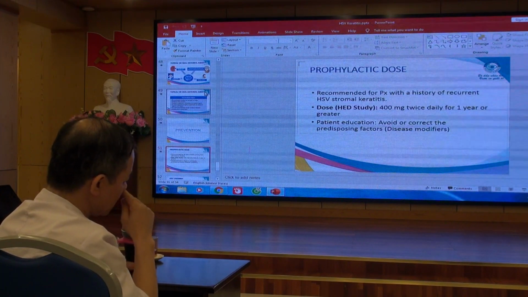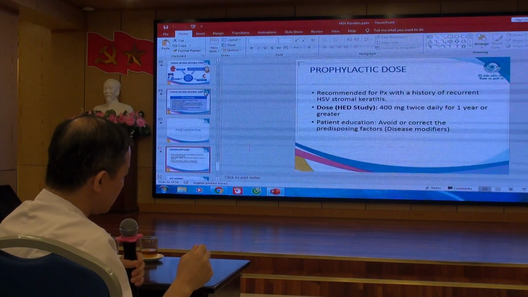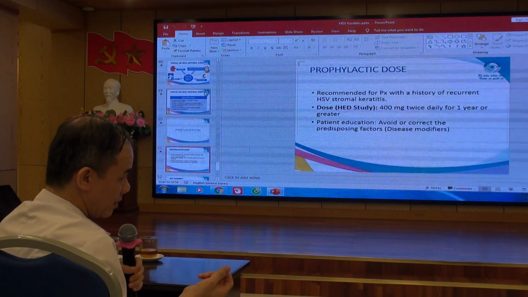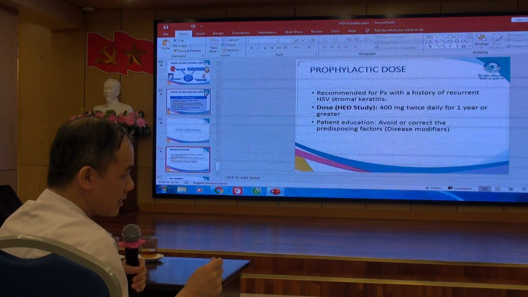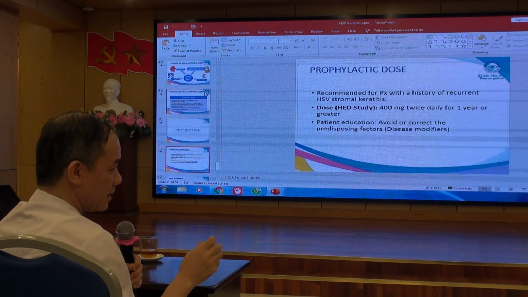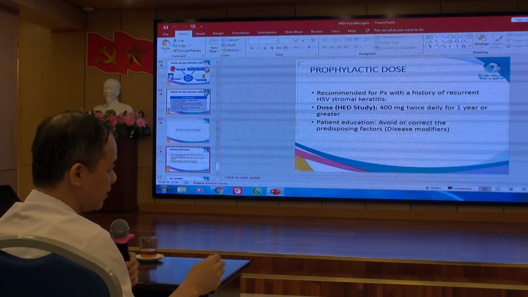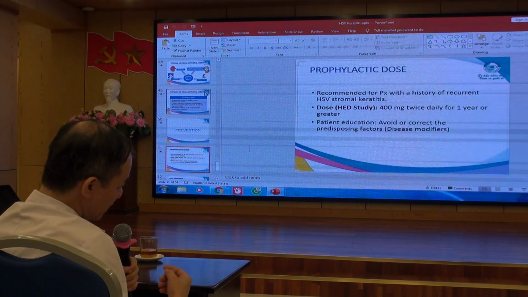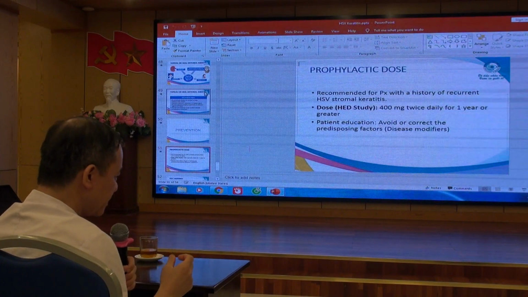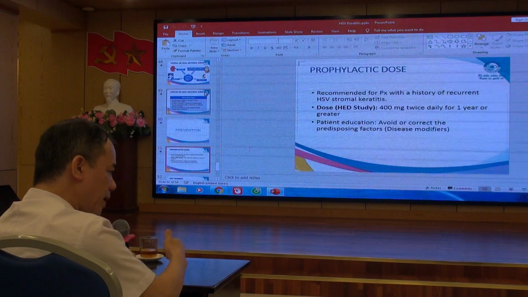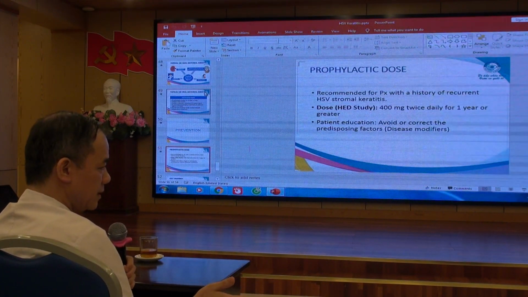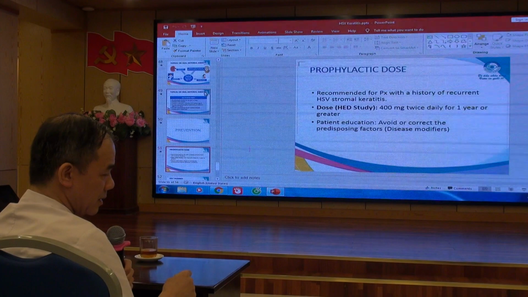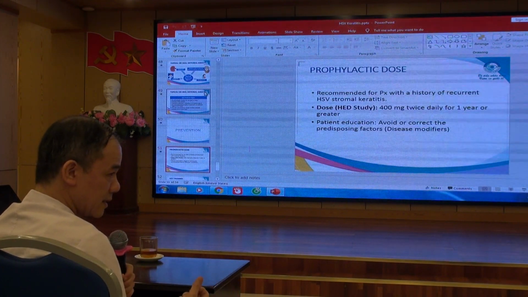With perforations, it's very important to decide whether to do a corneal graft or not, because even in the graft, the recurrence can occur and may cause failure of the surgery.